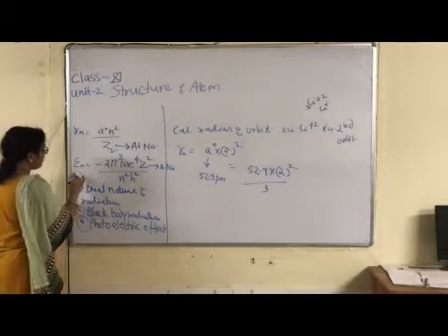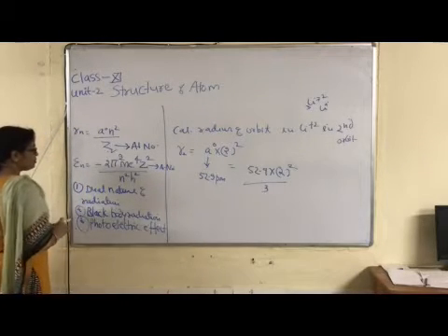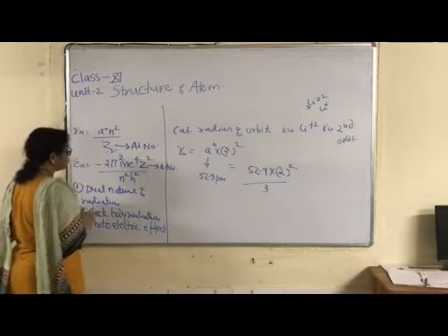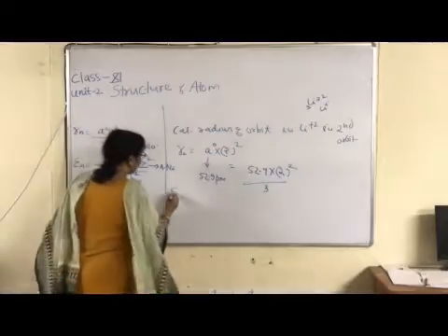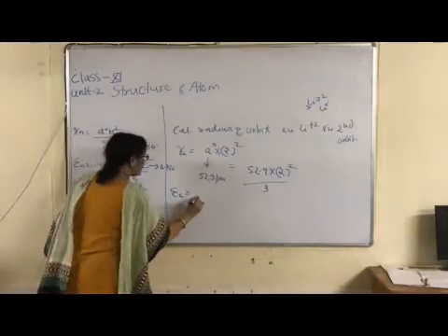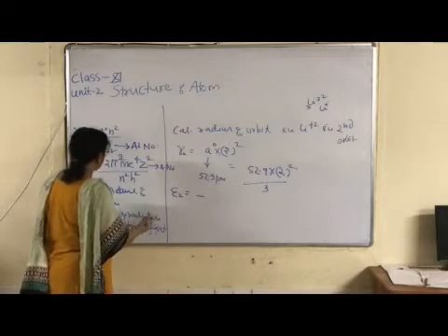Right? Second, calculation of energy of electron of lithium ion which is present in same orbit, and apply this formula. In second orbit, E2 is equal to negative sign, it means energy is lost.